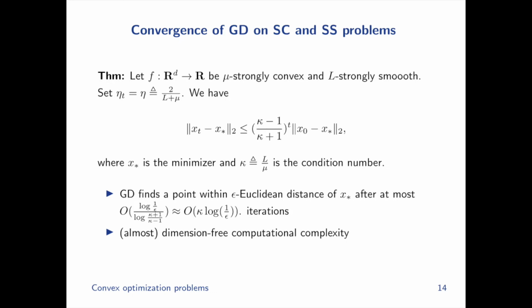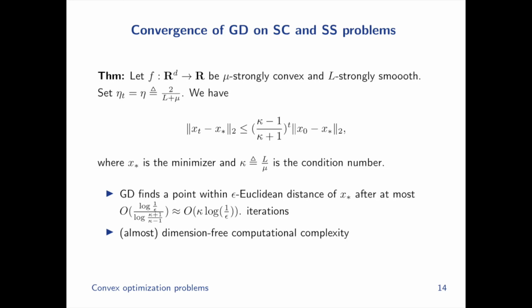This seems like a lot more, 10 to the minus 4 to 10 to the minus 12. But because of the very robust, very quick convergence nature of gradient descent, you basically just need to run it for 3 times as long. Running it for twice as long doubles the number of significant digits in your answer. That's the takeaway, this logarithmic dependence on epsilon.